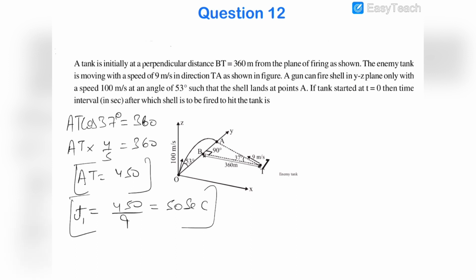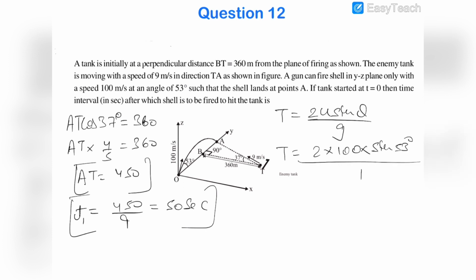And the time of flight of this gun T2 will be equal to 2u sine theta by g. So T will be equal to 2 into u is 100 sine 53 divided by 10, and T will be equal to 2 into 20 into sine 53.